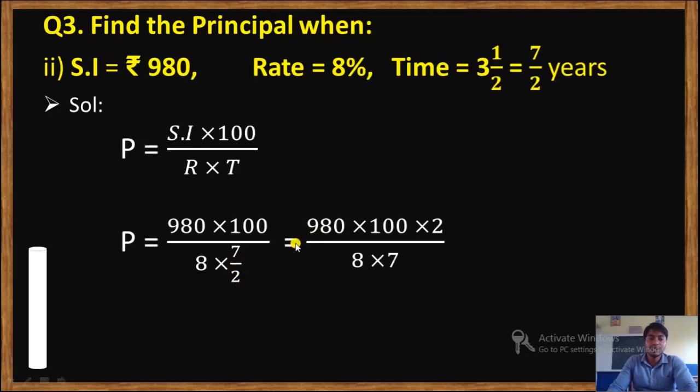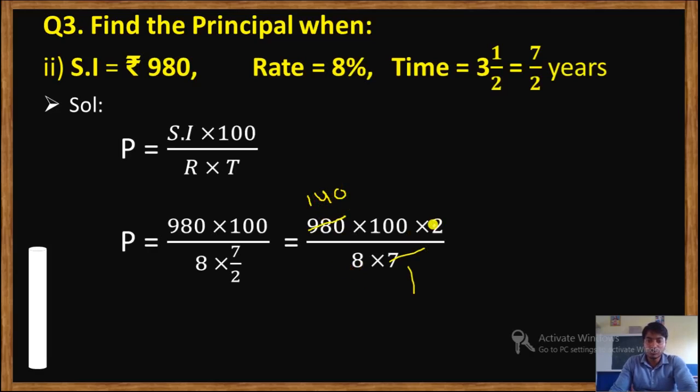When you calculate, write here 980 into 100 into 2, and 7 as it is here. Now reduce the terms. 7 one time. Now 7 into 1, 7, 2 left, 2 and 8, 28, then 7 into 4, 28, then here you get 140.